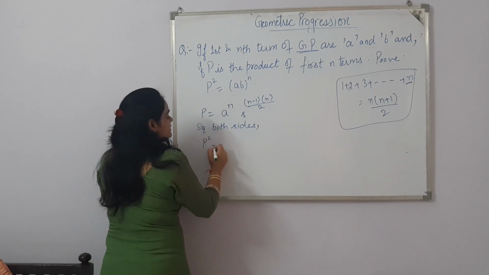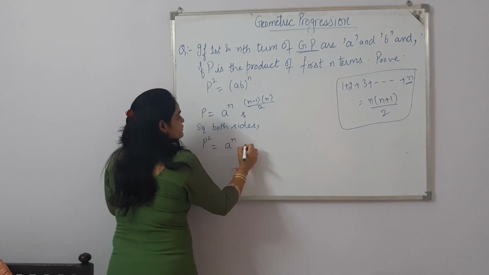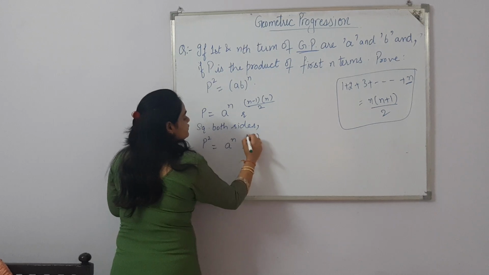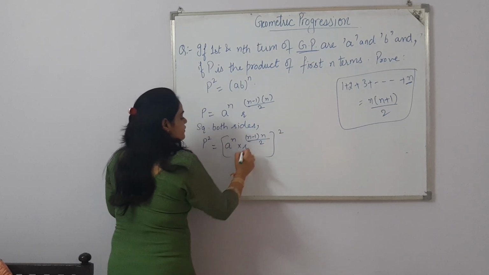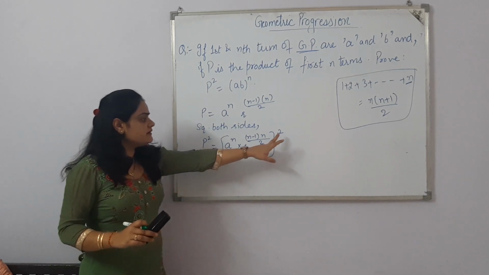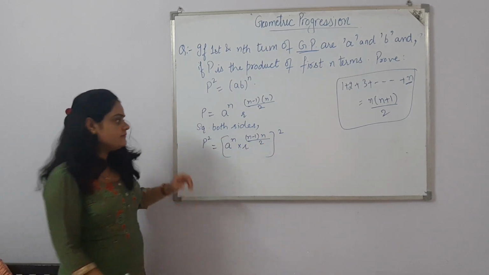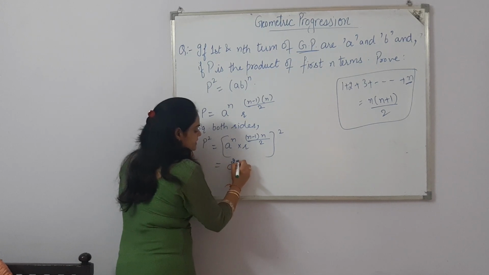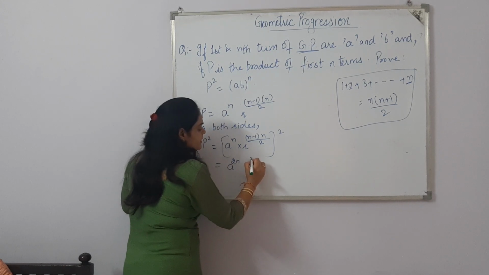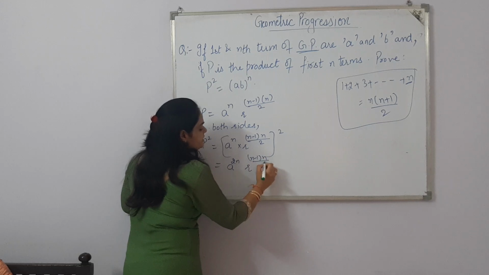So P squared is (a raised to power n, r raised to power (n minus 1) into n by 2) whole squared. Of course, in between there is a multiplication symbol. So can we write this step as a raised to power 2n, r raised to power (n minus 1) into n by 2 into 2.